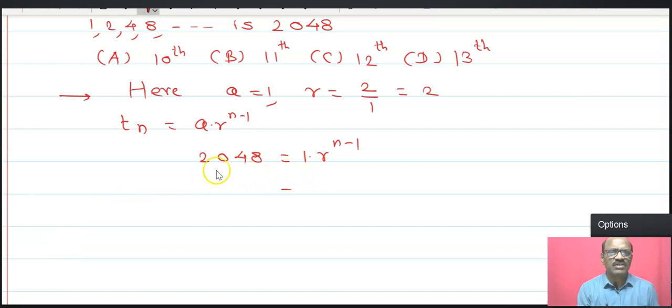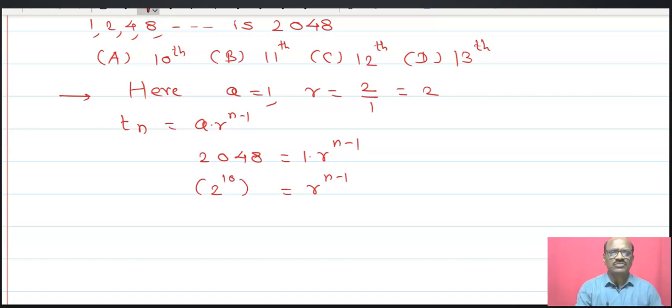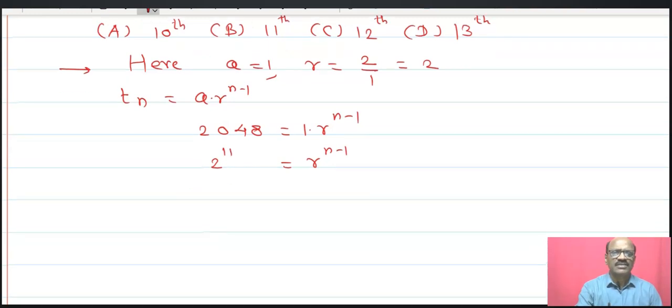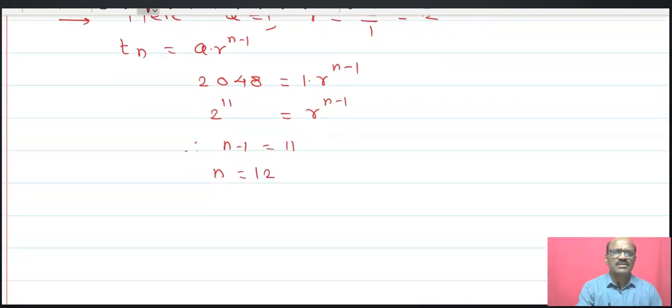Therefore 2048 is equal to r raised to n minus 1, and this is nothing but 2 raised to 11. Therefore, n minus 1 is equal to 11 and that's why n is equal to 12, and in the textbook the option is a different one.